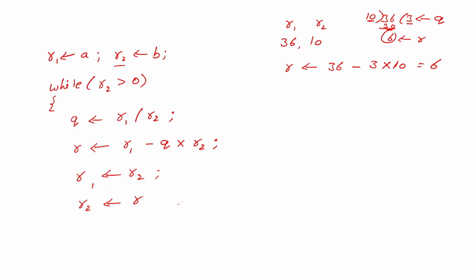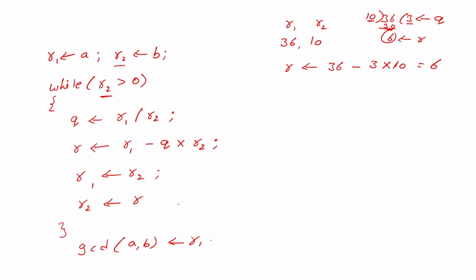Okay, we need to continue this process until R2 becomes 0. After that, we need to store that value as GCD of A comma B. Whenever it comes out of the loop, that means GCD is R1, the first value.